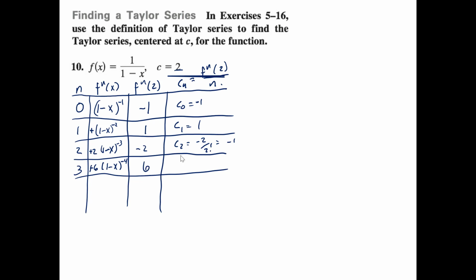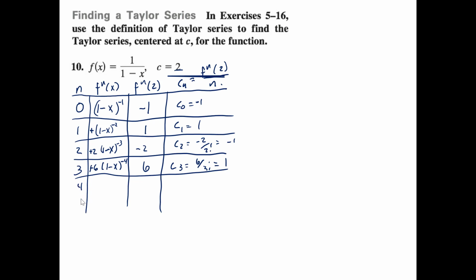And then you will get 6. And so then your C3 will be 6 over 3 factorial, but 3 factorial is 6, so your answer is 1.